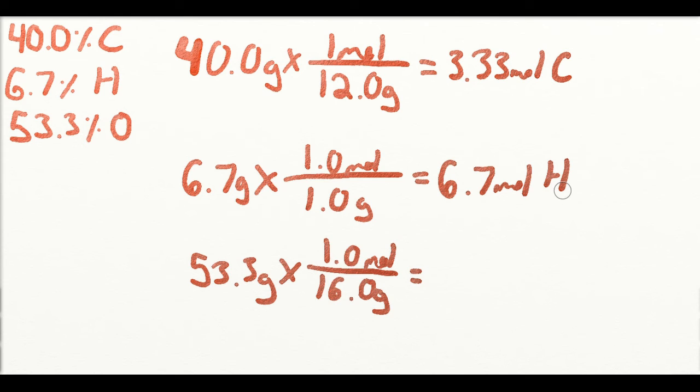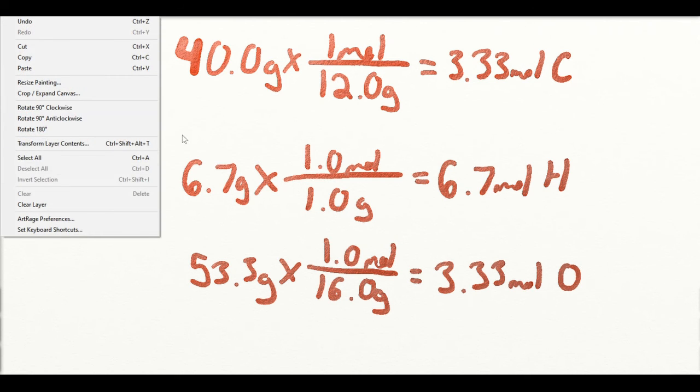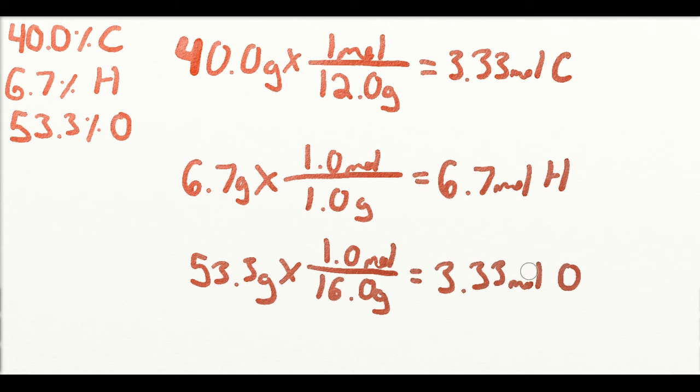Then the last one, 53.3 times 1 divided by 16 should give us that of 3.33 mole of oxygen. Now, continuing, we have again the same numbers, so let's see what we get when we want to change this and see what we get as a molecular compound.